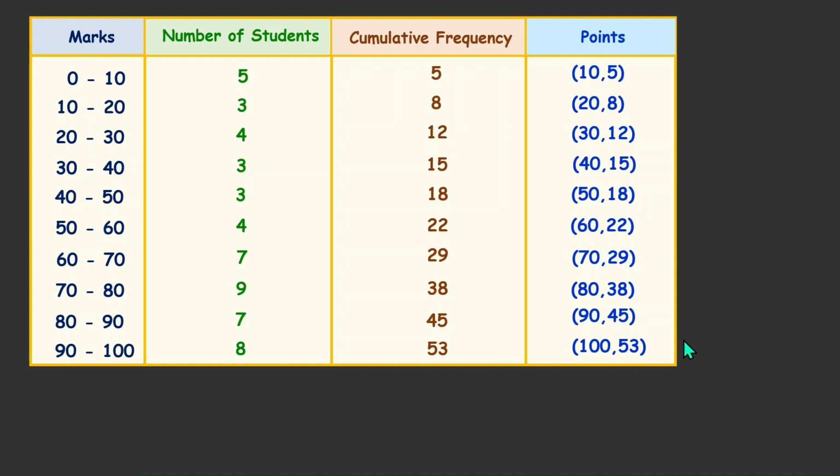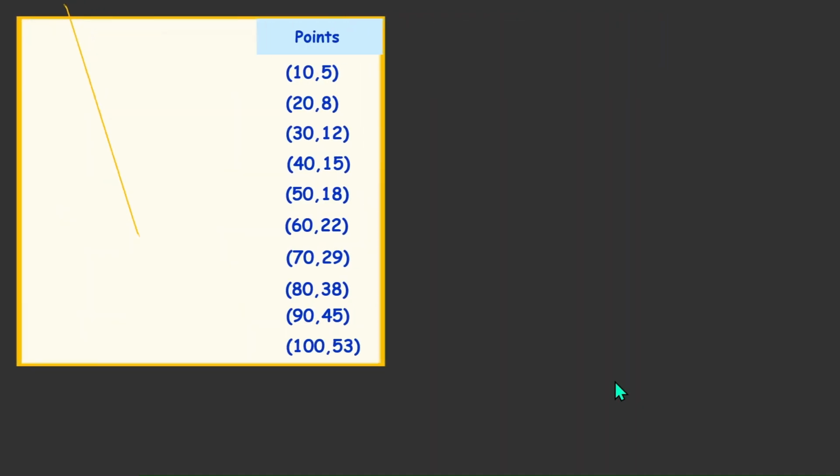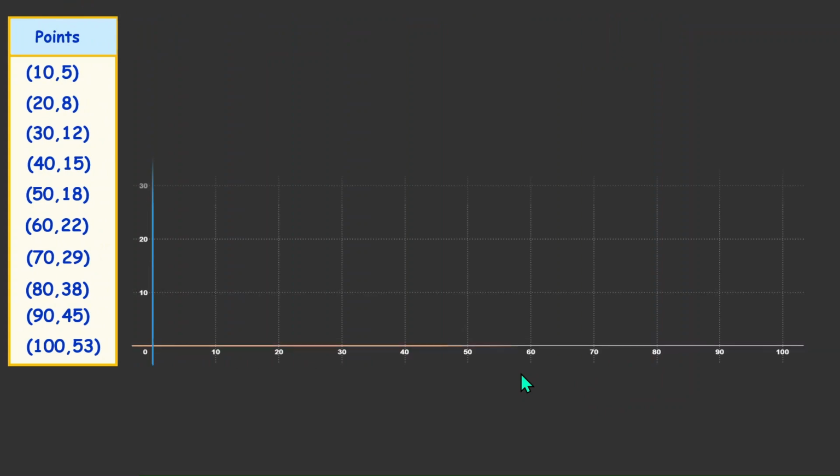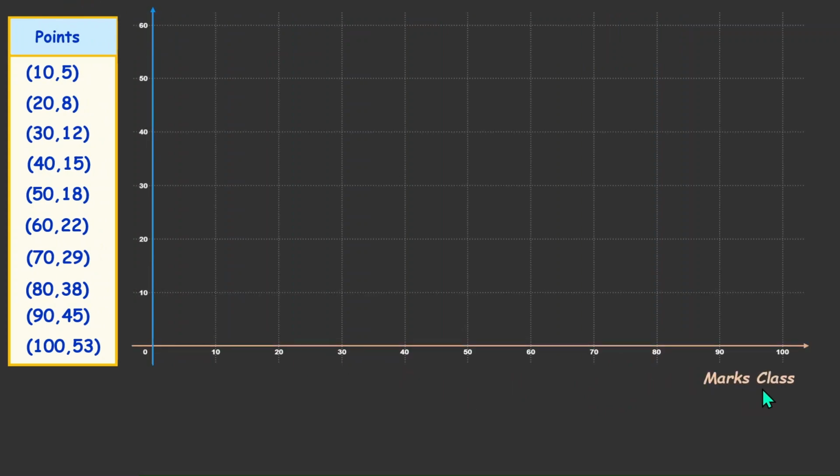So let's only take the points here, and let's take our graph. We have a graph in which the x-axis is the marks class, because we saw 0 to 10 marks, 10 to 20 marks, the x-axis corresponds to the marks, whereas the y-axis corresponds to the cumulative frequency. And now let's make these points. A 10, 5 would be here.